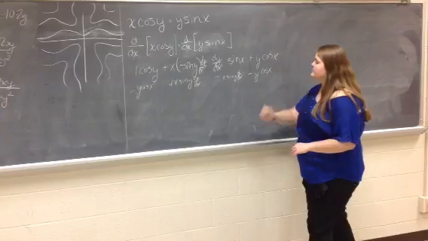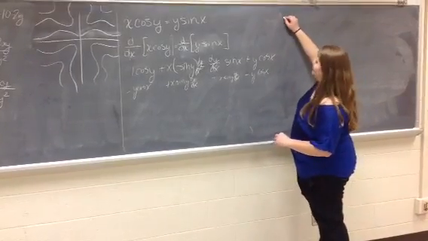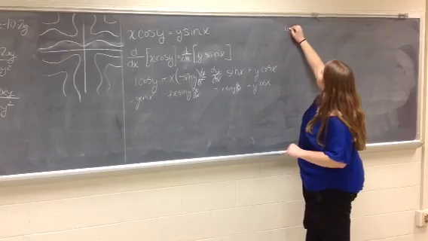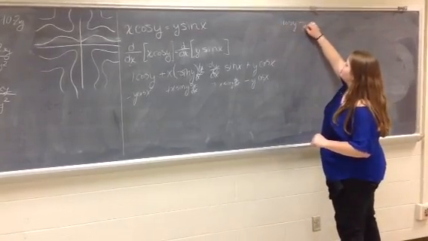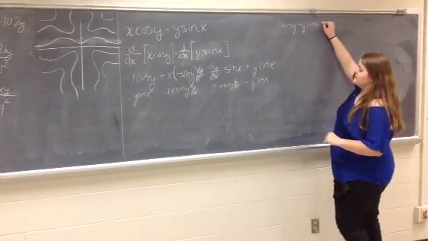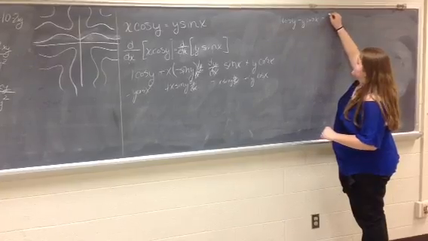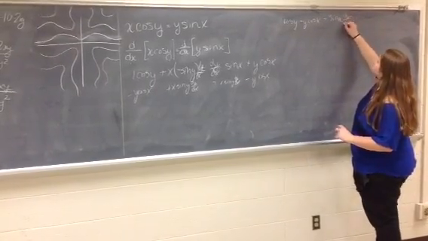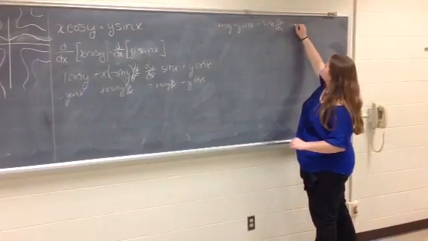And that'll give us, we will have 1 cosine y minus y cosine x is equal to sine x dy/dx plus x sine y dy/dx.